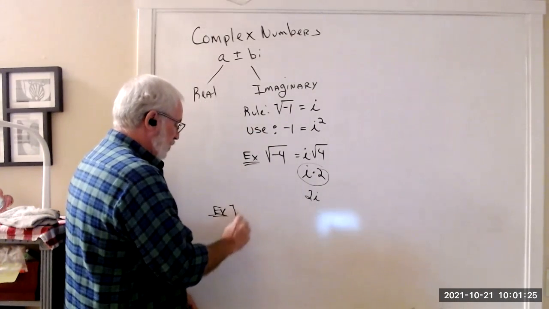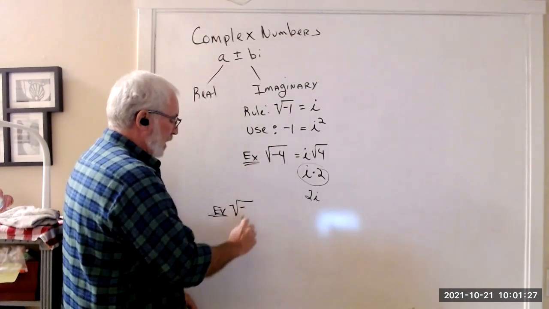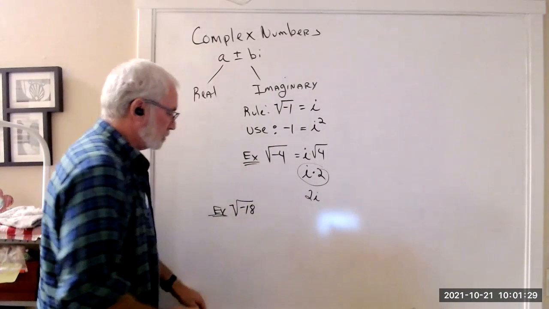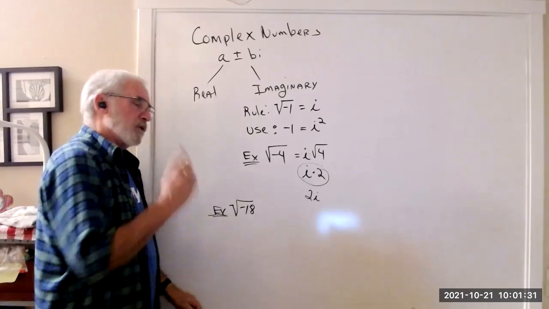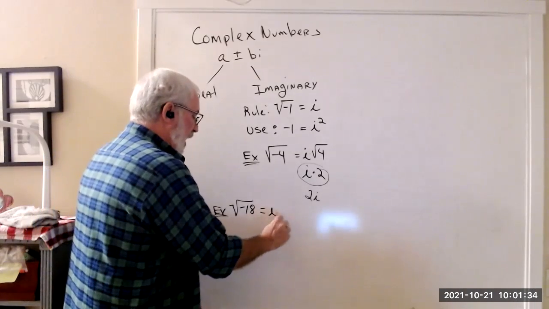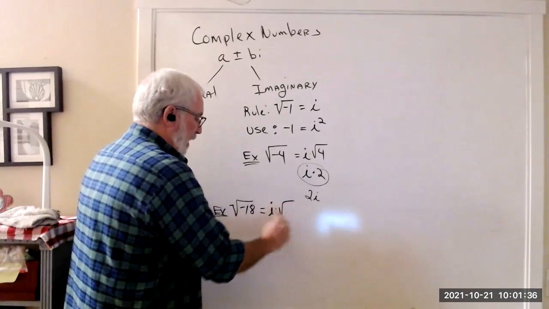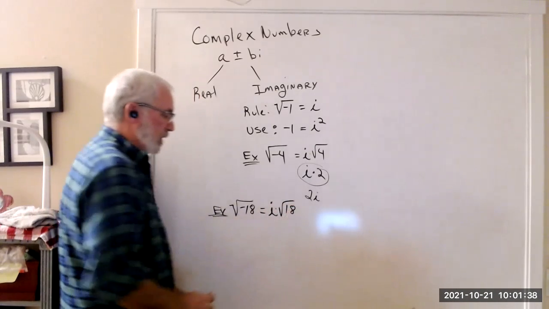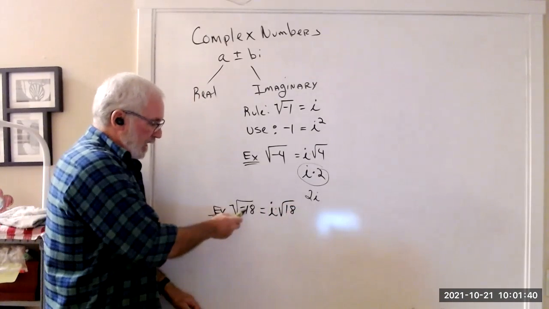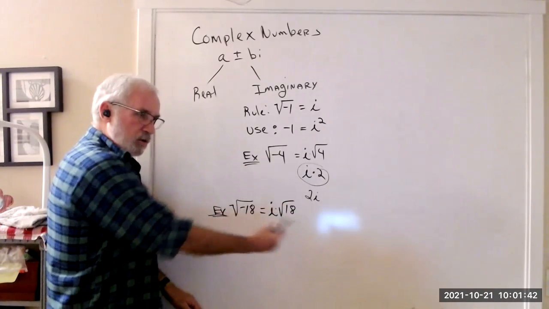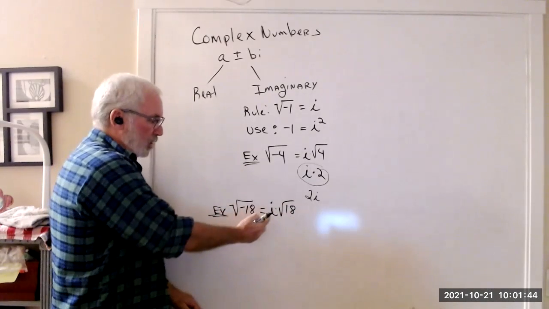So, for example, if I have the square root of -18, the first thing I do is take the i out, and I have i times the square root of regular 18. So the negative inside the radical comes out and we call it i.